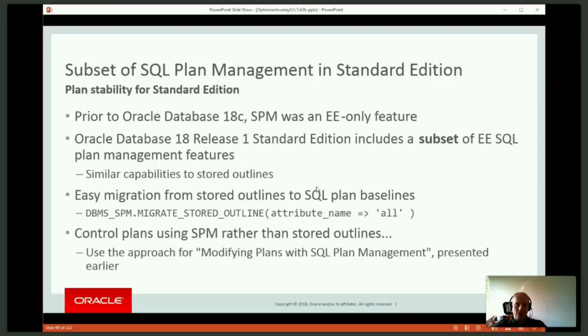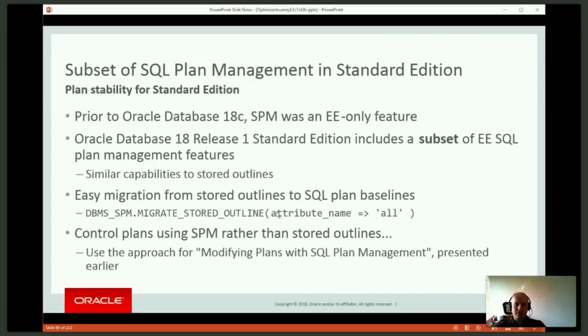Prior to Oracle Database 18c, SQL plan management was an enterprise-only feature. However, in 18c standard edition, we include a subset of SQL plan management features. The idea is to give you features similar to stored outlines, so you can use SQL plan management in a more limited way, enabling you to control SQL execution plans in standard edition.